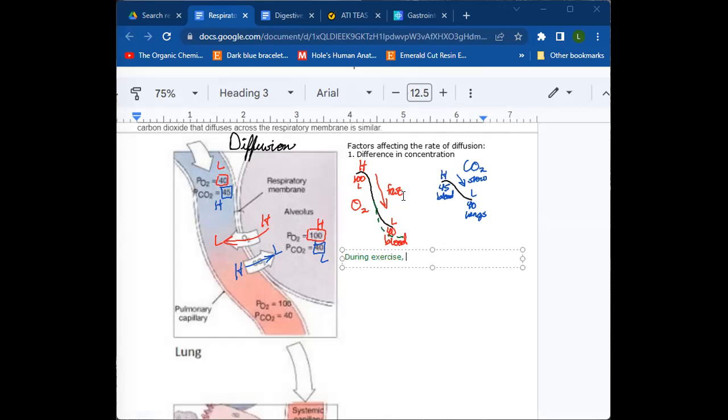During exercise, the muscles consume, in other words use up, oxygen from the bloodstream, and so that will decrease the blood oxygen concentration. What that will do is allow for the diffusion to occur even faster out of the lungs and into the blood.